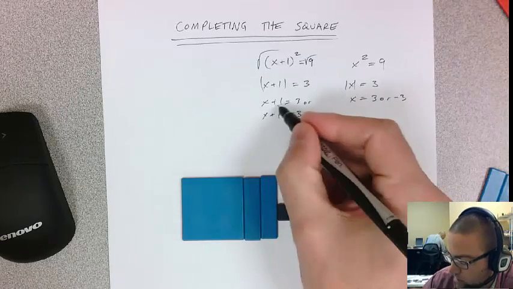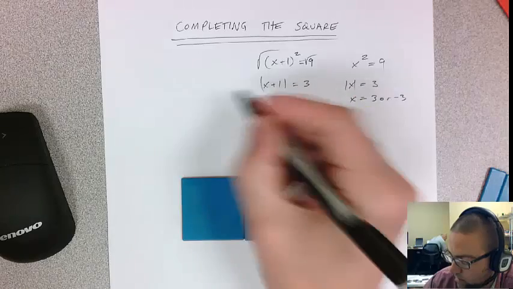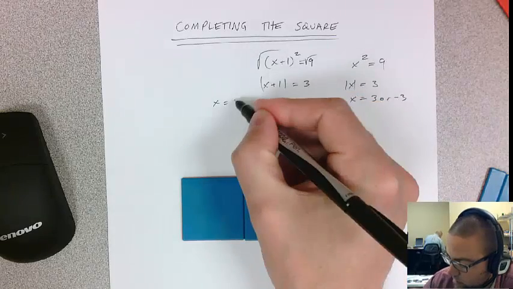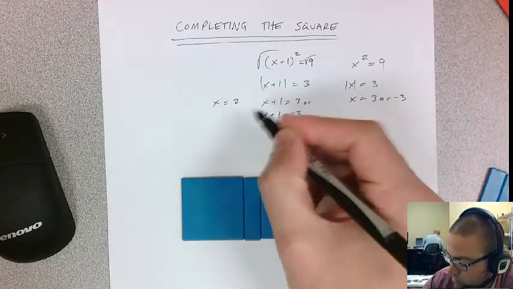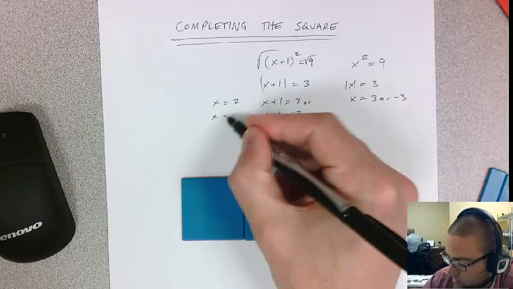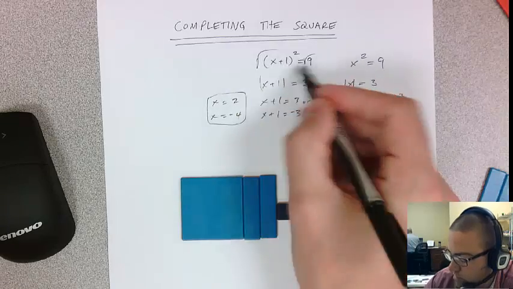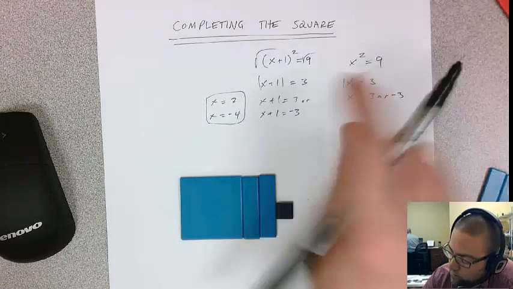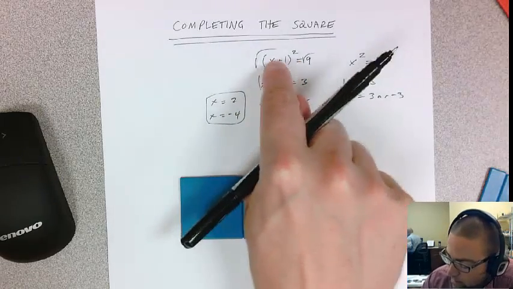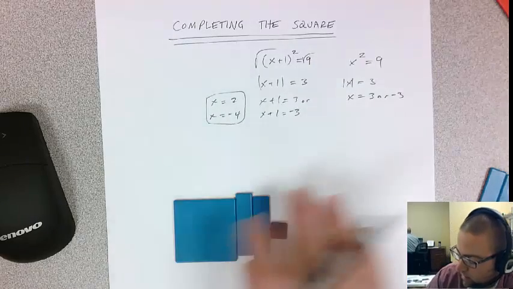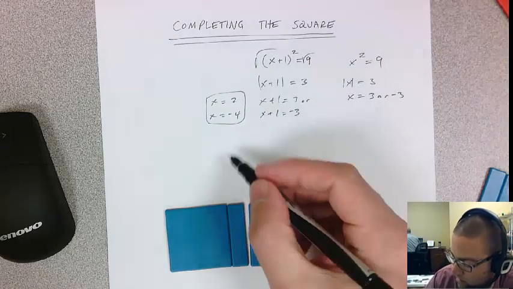Then I just subtract 1 from both sides, and I get x equals 2, or x equals negative 4. So those are my two solutions to that equation. So if I can make it like this, then I can use that idea.